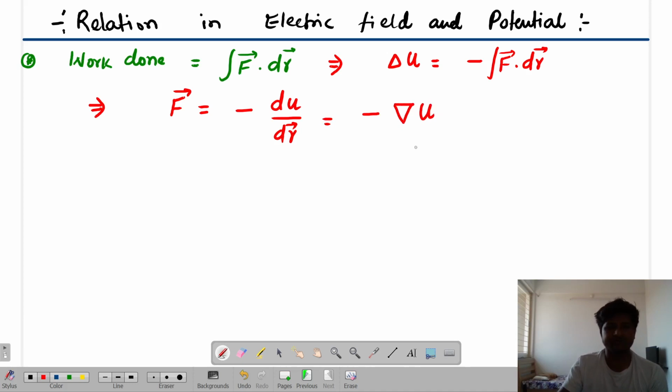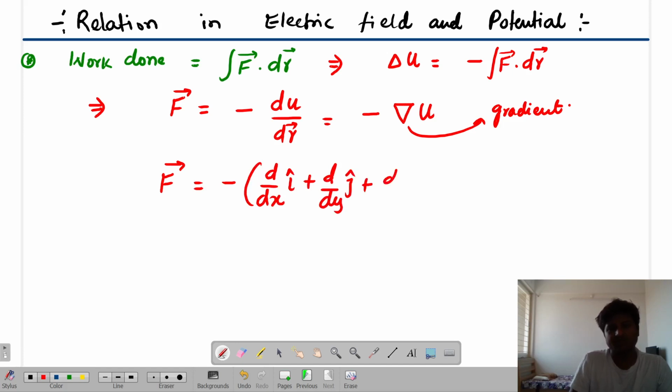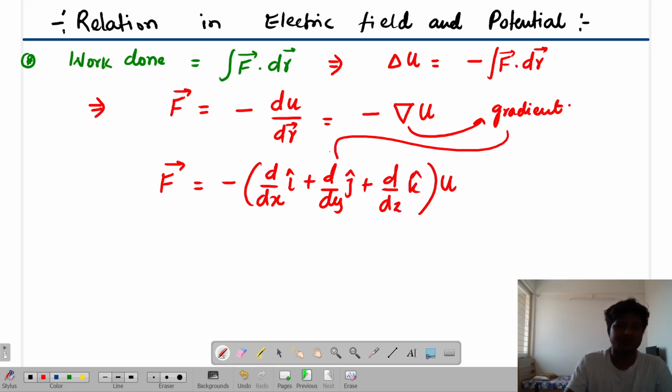This is known by a name which we call gradient. क्या बोलते हैं इसे अपन? हाँ, इसका मतलब होता है that this d by dr vector is a vector quantity, got it or not? Which can be represented as minus of (d by dx i cap plus d by dy j cap plus d by dz k cap). These all three things will be there at the same instant of time, and that is multiplied by U. So that is what is called gradient. Are you able to get me or not?